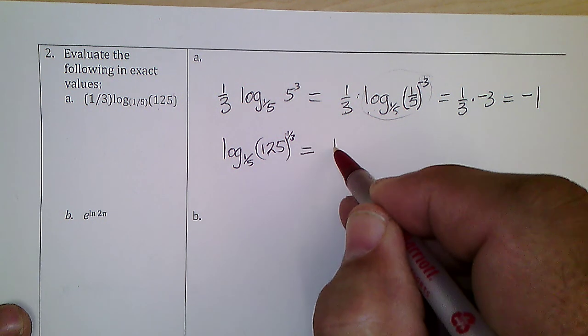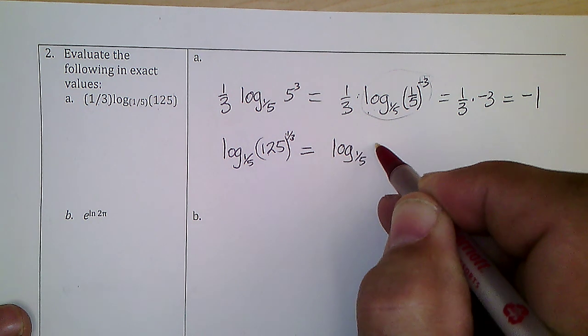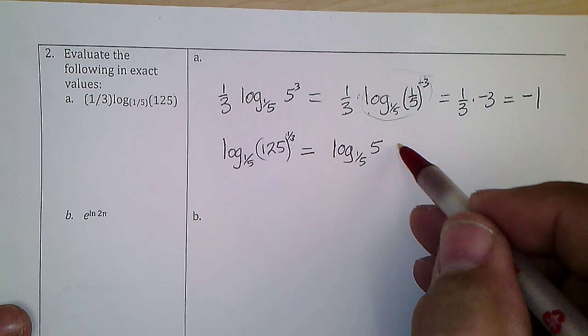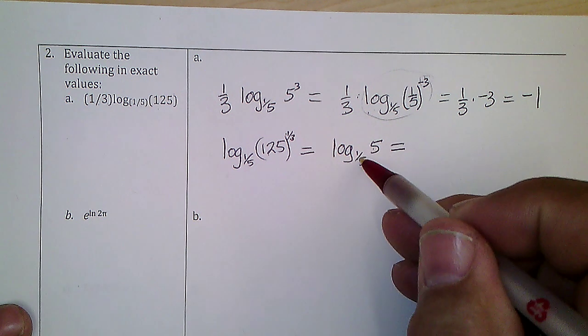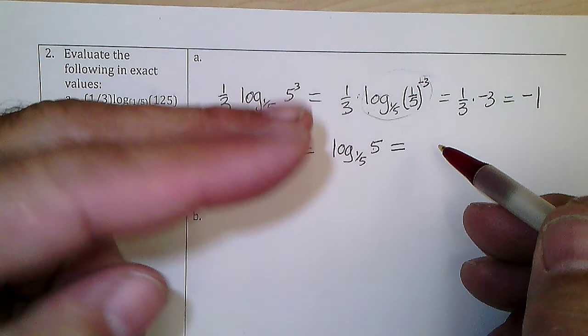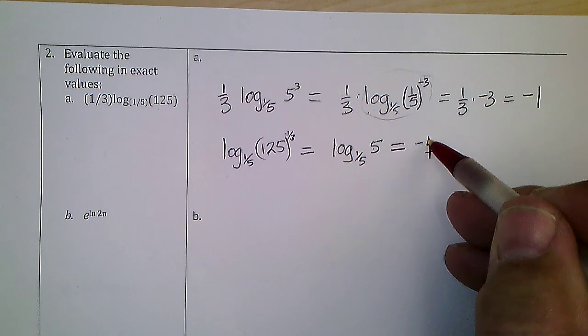So I'd have log base 1/5 of 5. And so what power do I take 1/5 to get 5? I take 1/5 to the -1 to flip it over and it becomes 5. So it's still -1.